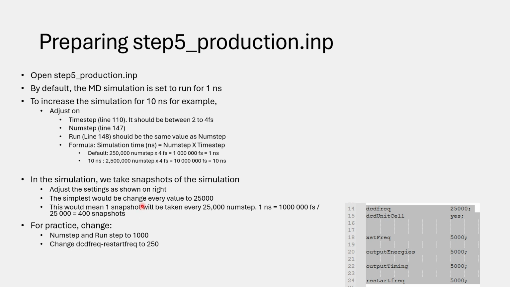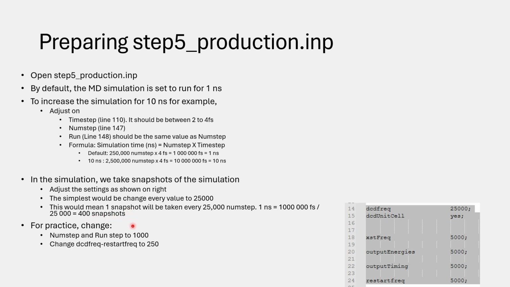The simplest would be to change every value to 25,000. This would mean, for example, one snapshot will be taken for every 25,000 steps. So in 1 nanosecond, which is equivalent to 1 million femtoseconds, we divide that by 25,000, and we'll be getting 40 snapshots for that 1 nanosecond of simulation.